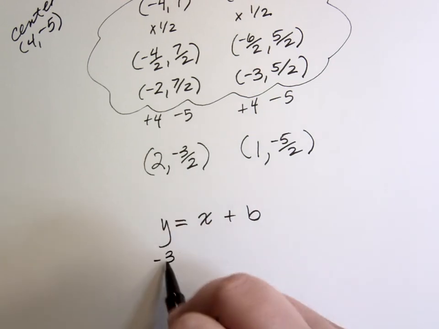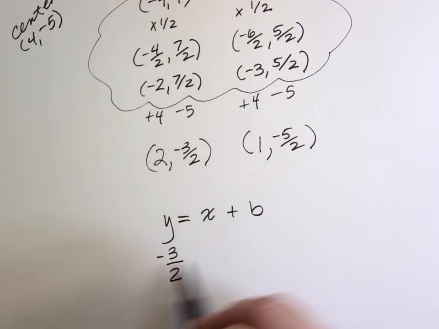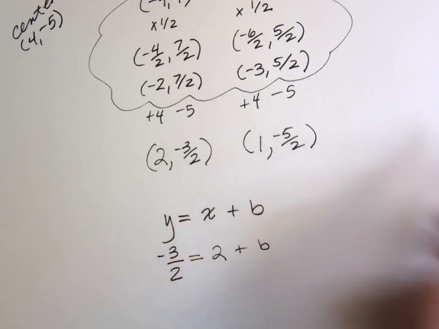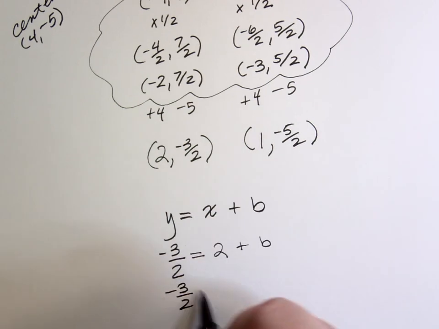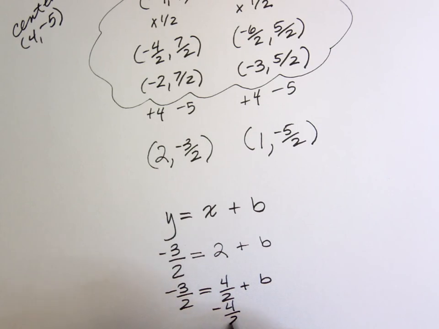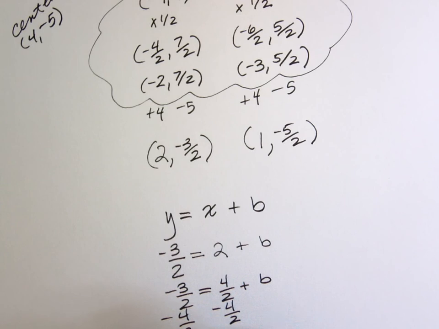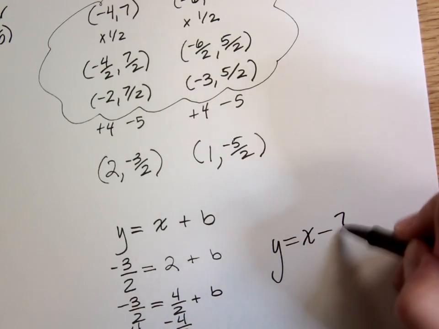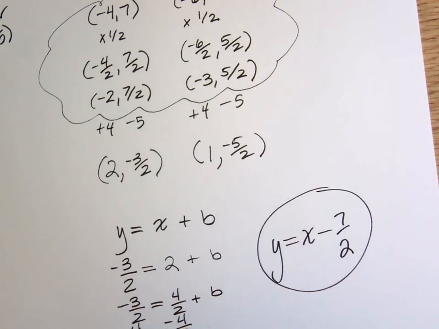Might as well use the first one. Negative 3 halves equals 2 plus b. So negative 3 halves equals 4 halves plus b. Subtract 4 halves from both sides, and I get negative 7 halves. So b is negative 7 halves. My new line is y equals x minus 7 halves, and that's my answer for D.